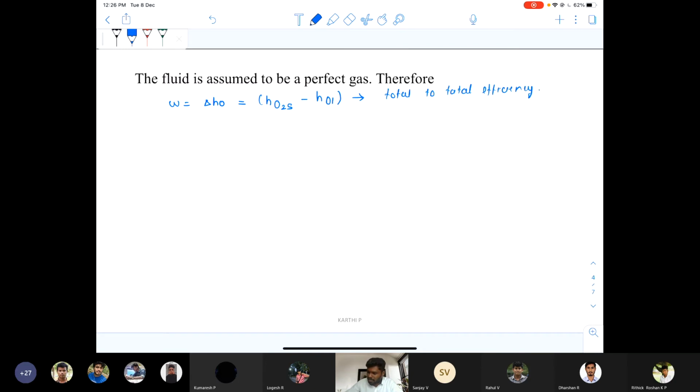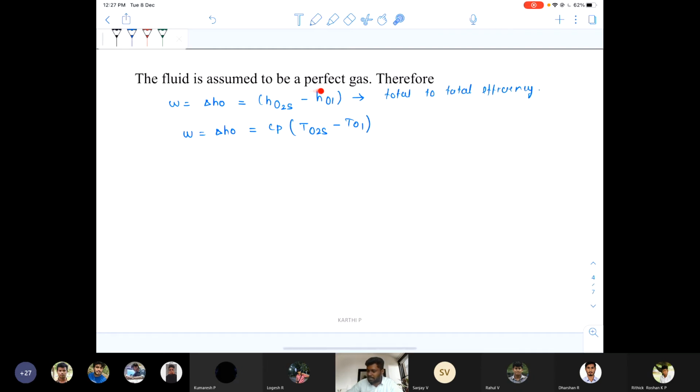We know that the change in enthalpy is equal to Cp times the temperature difference. Therefore, W is equal to delta H0, which is equal to Cp times T02S minus T01.